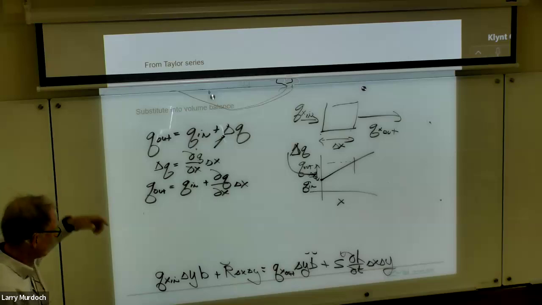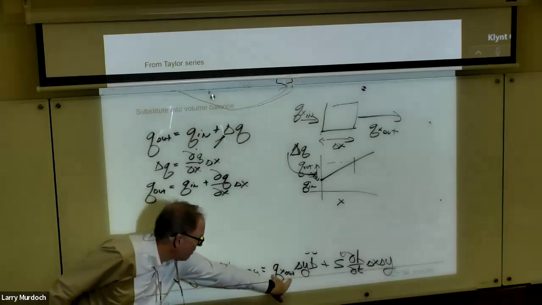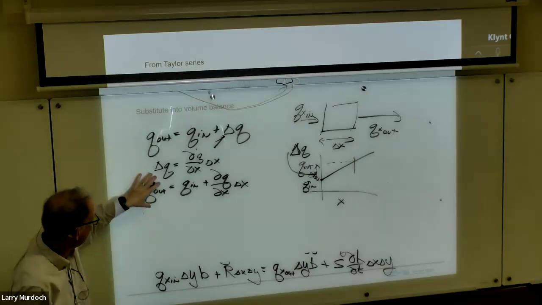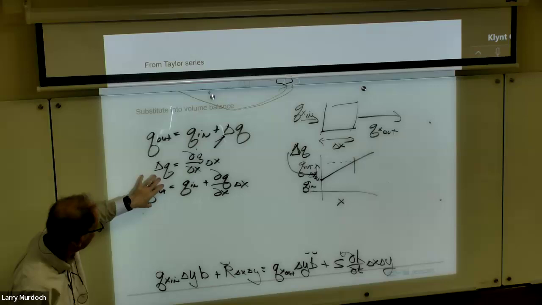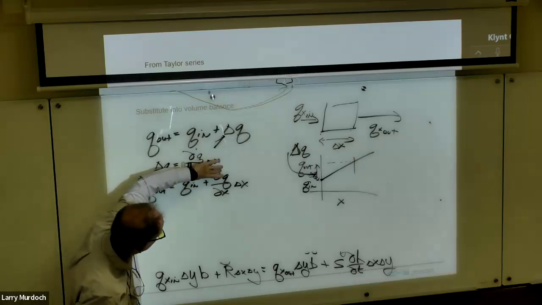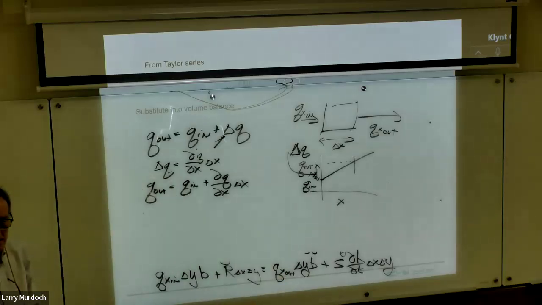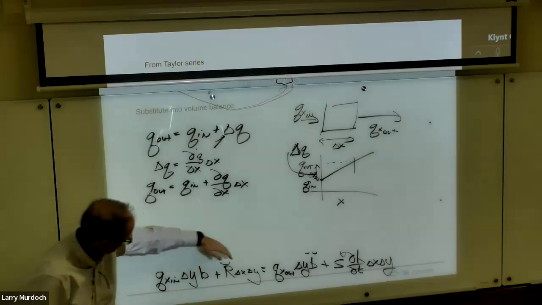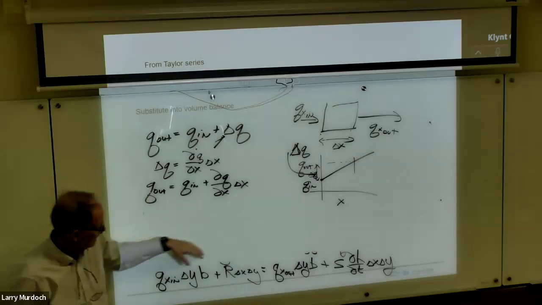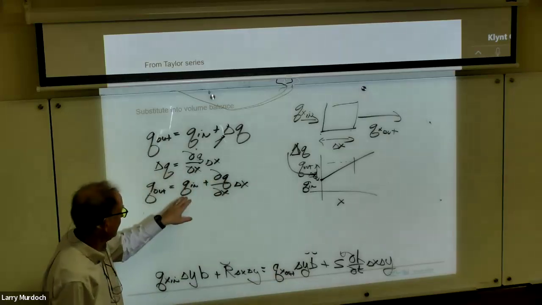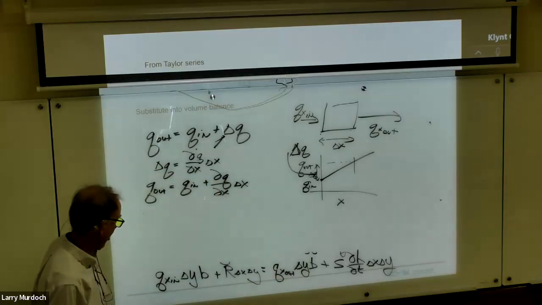Okay. So here's Q out, and here's Q in. What it says is I can take this and put it in there. Remember, this stuff is on the input side, this is on the output side, that's the flux going out. So I can just write it like this.